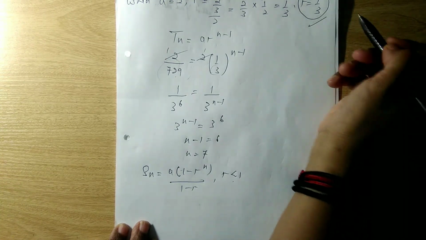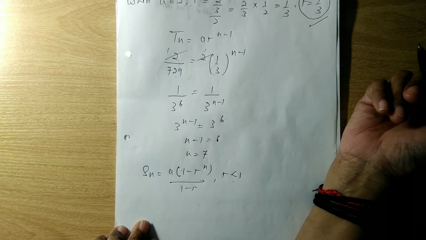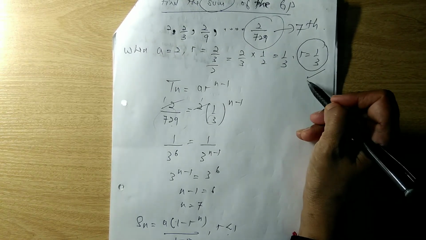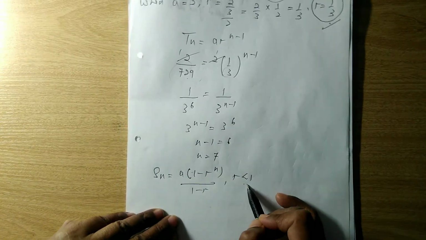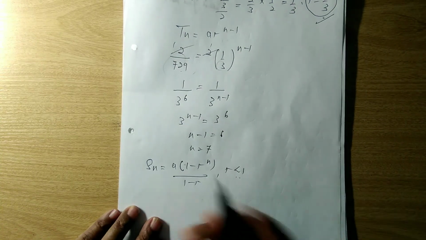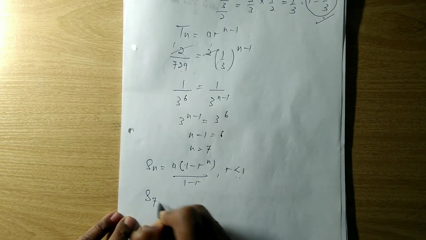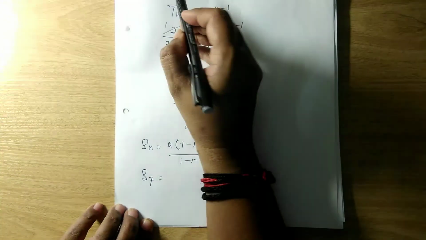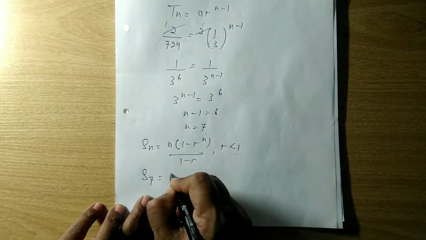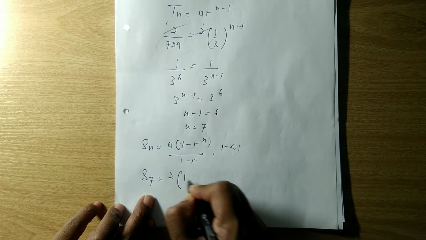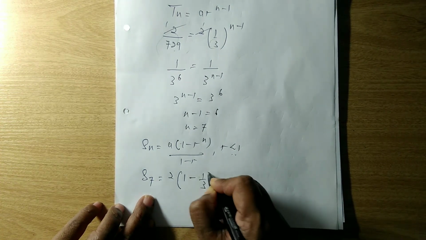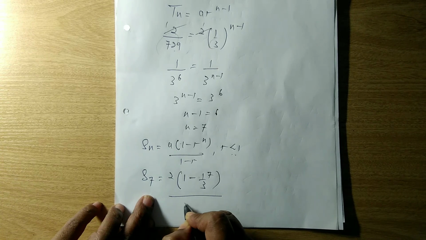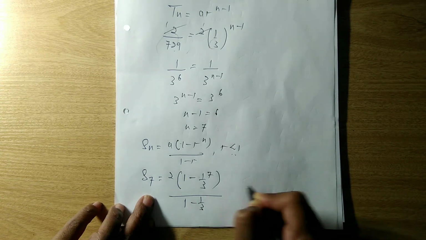Because my r is 1 over 3, so r is less than 1. I'm looking at 7 terms, so S7, my a just now was 2, 1 minus (1 over 3) to the power of 7, over 1 minus 1/3.